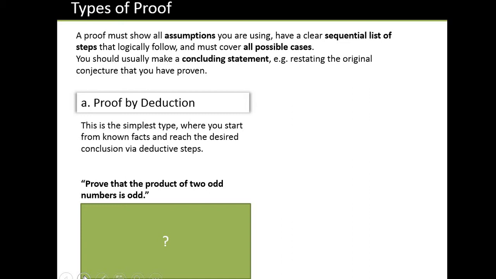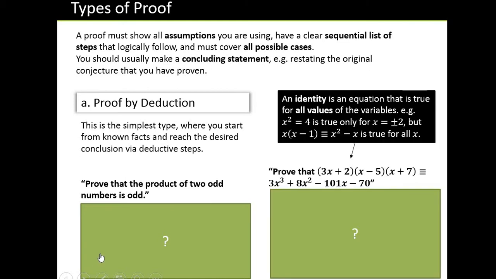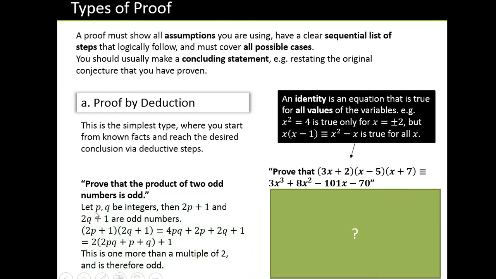So what you need to remember from GCSE is how you demonstrate that we have an odd number and then a different odd number. I don't know if you can remember. We often start it off by something like this. Let P and Q be integers. So P and Q can be odds or evens.